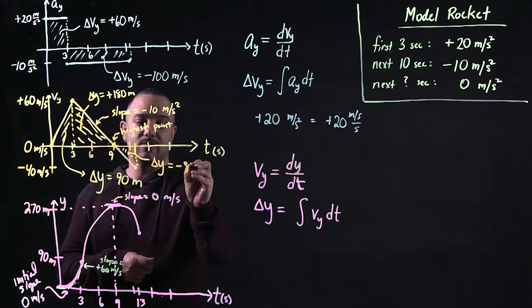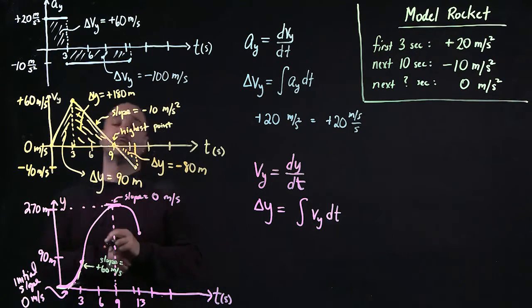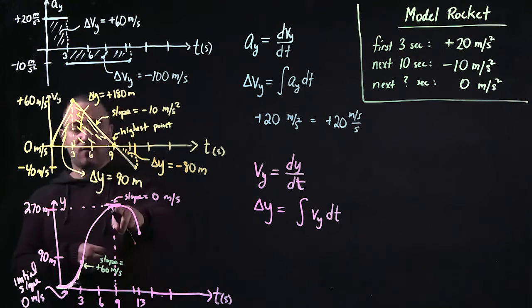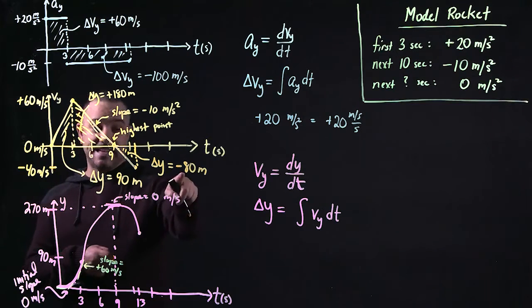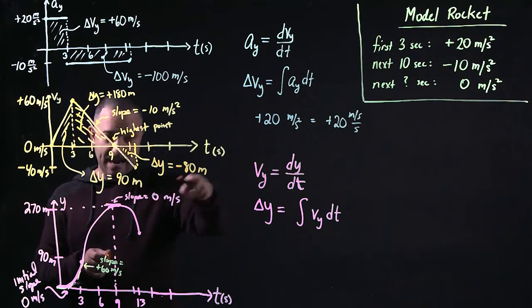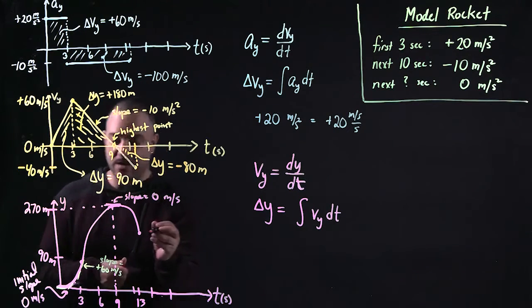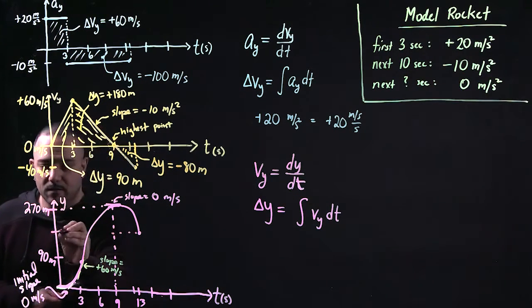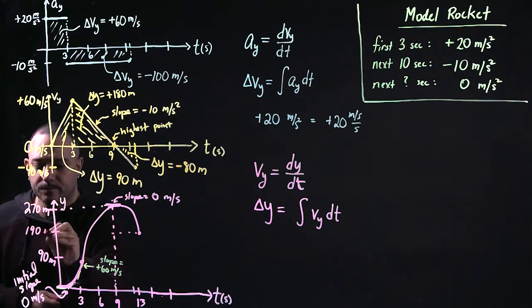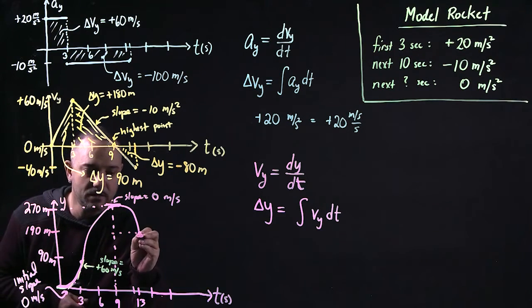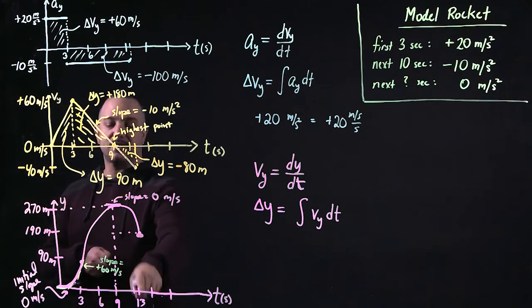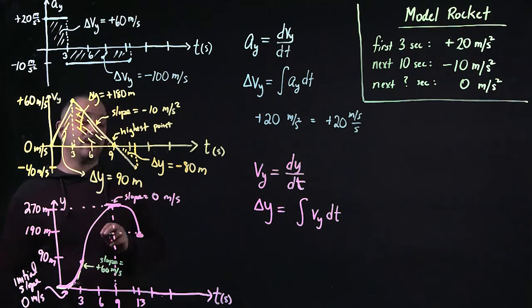That takes us to negative 80 meters. So we go from 270 down 80 meters. That takes us to a height of 190 meters. So at 13 seconds, the rocket is at a height of 190 meters.